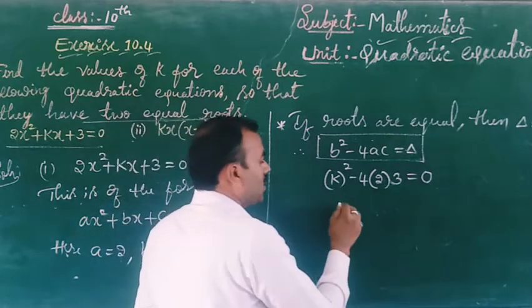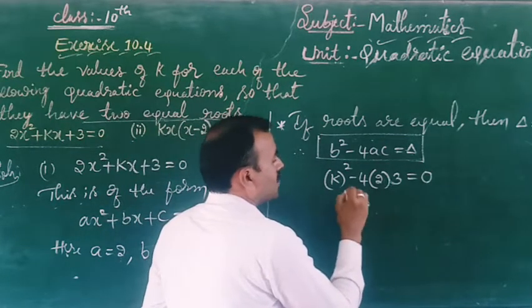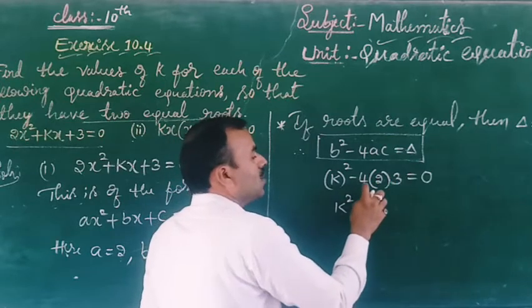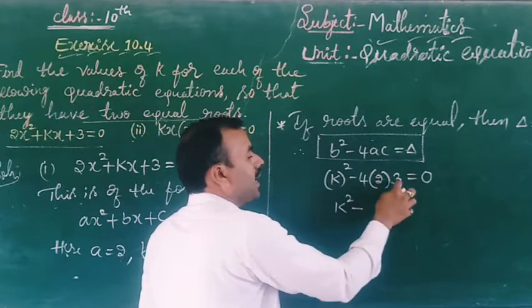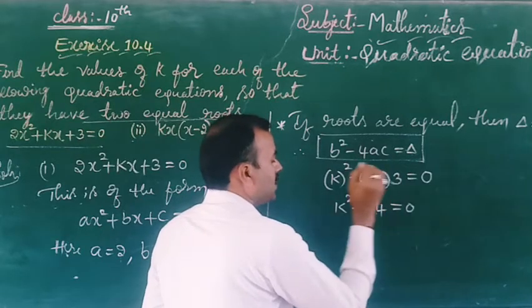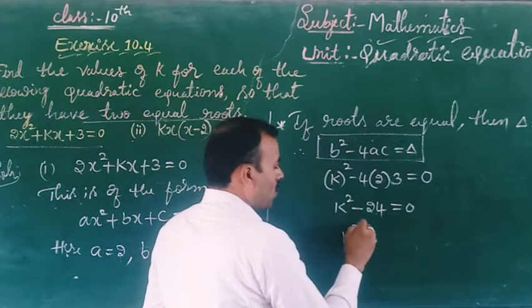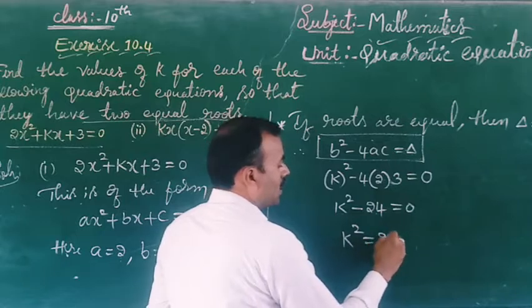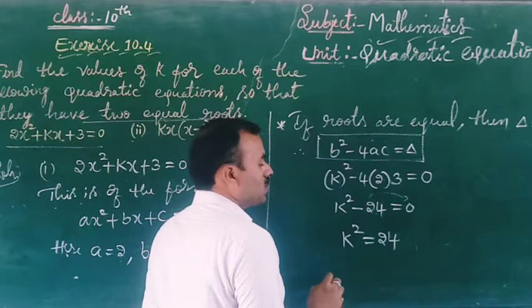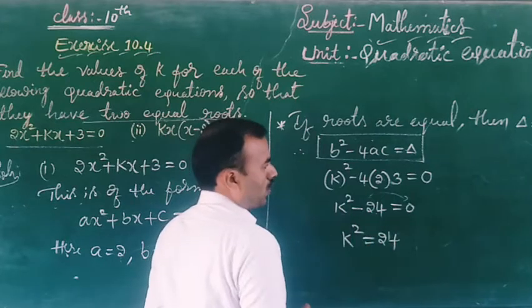k squared minus 4 into 2 into 3, which is 8 times 3 equals 24, equals 0. k squared equals 24, since minus 24 transposed to the RHS becomes plus 24.